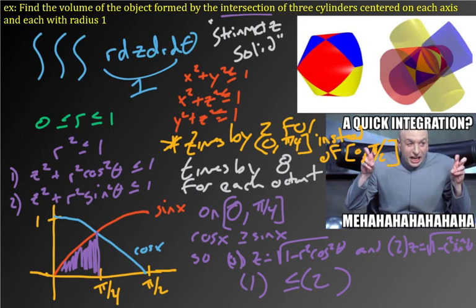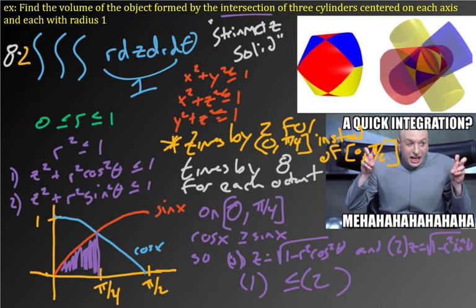This problem can be further simplified by, instead of dealing with the fact that these things flip-flop and change at a certain point in each octant, I can just take the part where I know one is always bigger than the other and throw in an extra times 2. So I have a times 2 for that, and a times 8 for the other part. So I'm going to need a 16 multiplier in order to get this volume the right way. Whew. That is probably the hardest part.